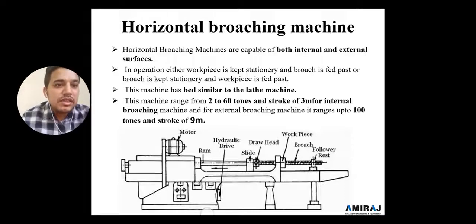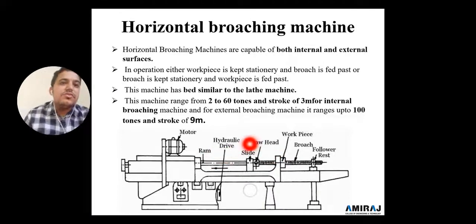Have you observed here, this is the same kind of lathe machine type arrangement. Broach is there, follower rest is there, workpiece is there, draw head, slides, hydraulic drive, and ram. The hydraulic drive is utilized for the stroke purpose.